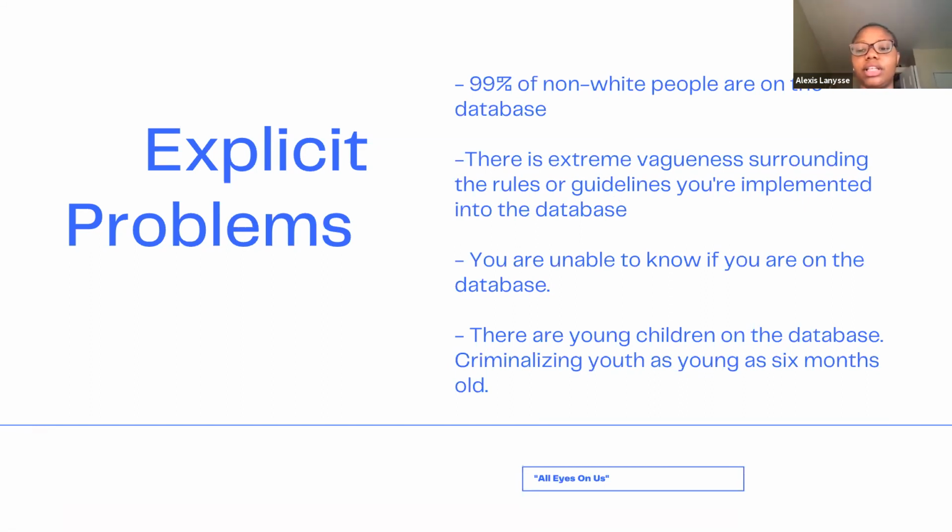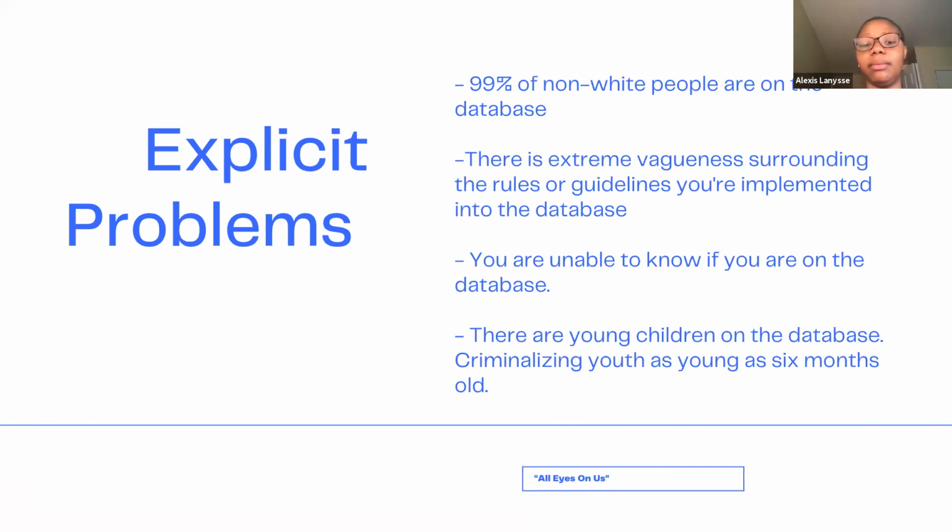No one knows if you're on this list. You could be on it for years and not be informed. You could be on it because of who you speak with, who you interact with, the vagueness of the gang database, colors, what colors you wear, what neighborhoods you live in, what people you hang out with and interact with on social media.